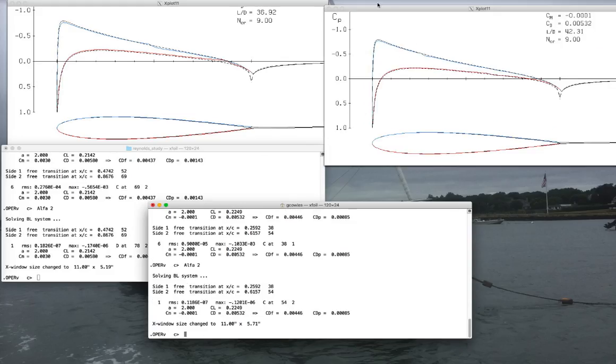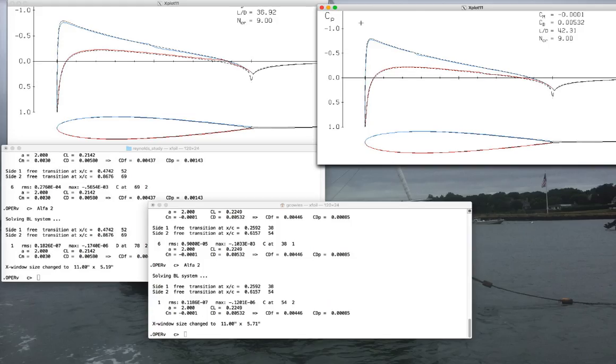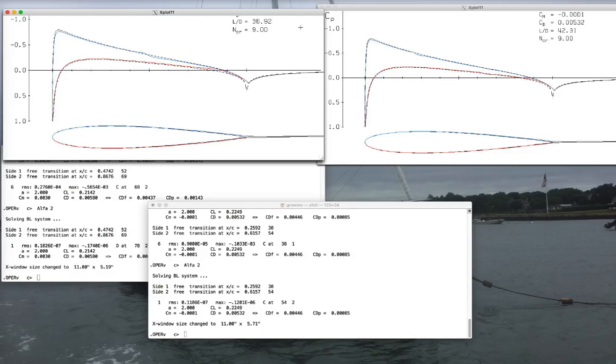Okay, so everything's the same here except the Reynolds number is significantly higher by a factor of 5. You can see that the inviscid pressure distributions in these two cases are identical because that has nothing to do with the Reynolds number. It's simply a matter of the foil, which is the same, and the angle of attack, which is the same. The pressure distributions in the presence of the boundary layer, which is given by the blue line for the upper surface and red for the lower surfaces, you can see they're very similar.